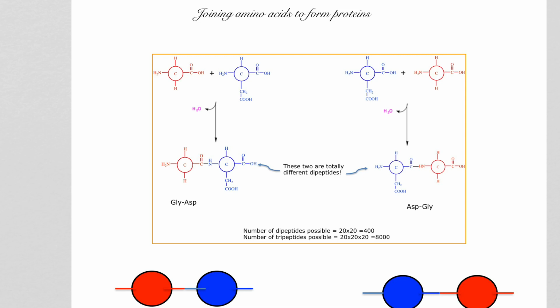You can see the amino acid has a carboxyl group, and that carboxyl group will react with an amine of another amino acid, and that will form a CONH, or what we call the amide. In organic chemistry, this is the amide group. But of course, in proteins, this would be called the peptide. This is your peptide group.